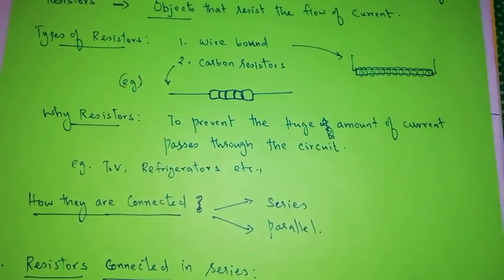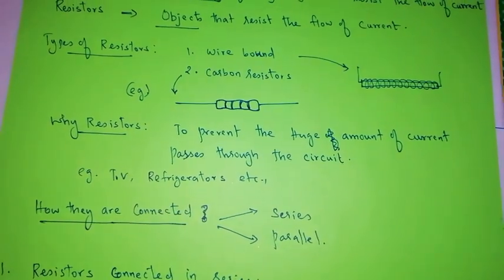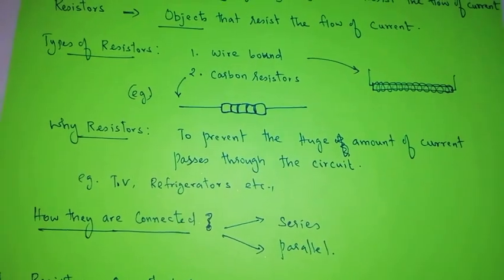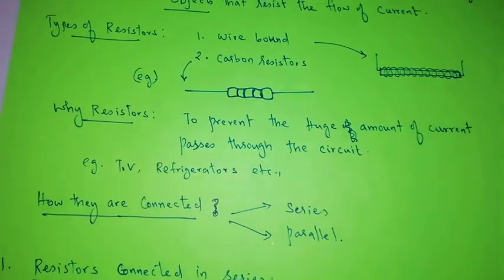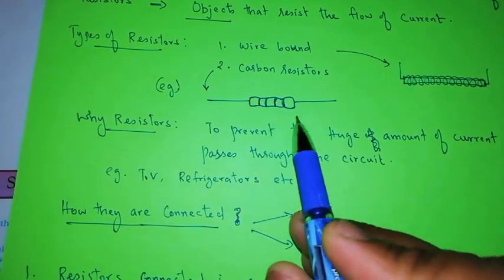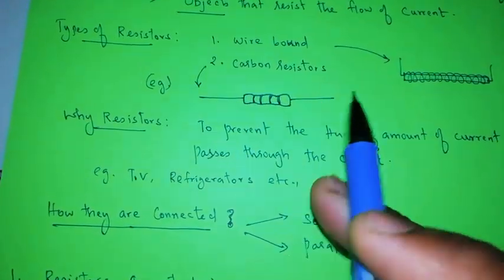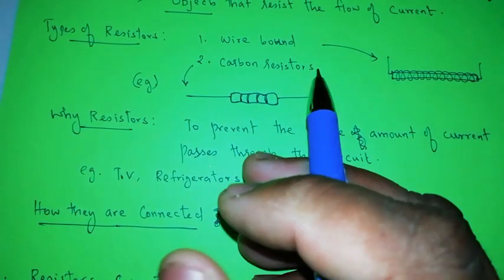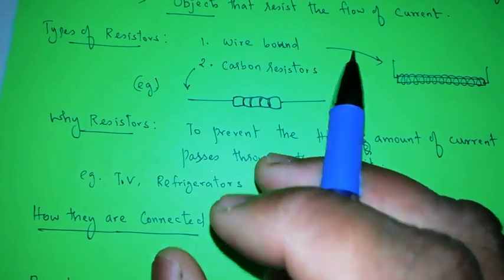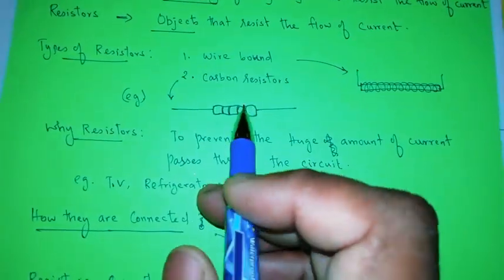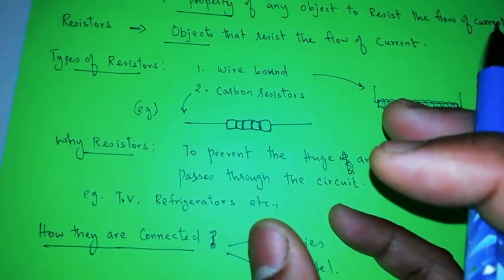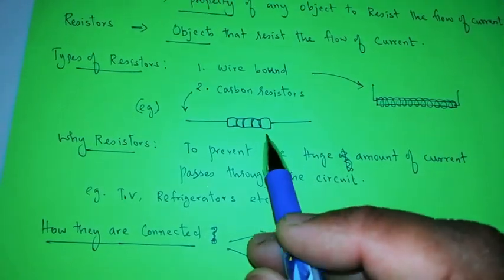Suppose a huge amount of current comes in through your TV or refrigerator. These resistors sometimes stop the huge amount of current, because they have some potential difference. That means they can hold up most of the current with themselves.